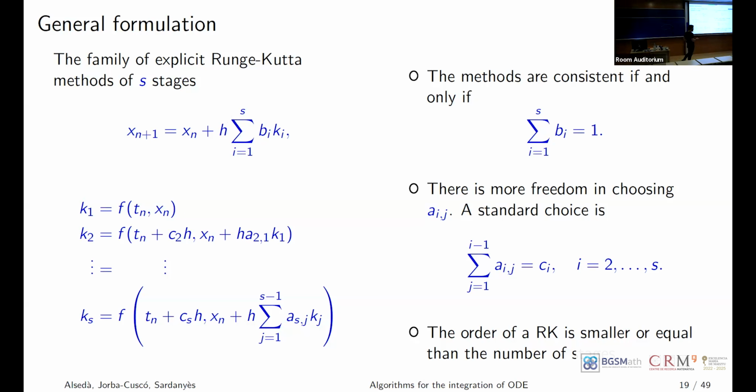Okay, but the number of stages has to do with how many terms I put when solving the integral. So it should be better, but it is not always better. So the order of a Runge-Kutta method is smaller than the number of stages I choose. At least if the number of stages is large enough.